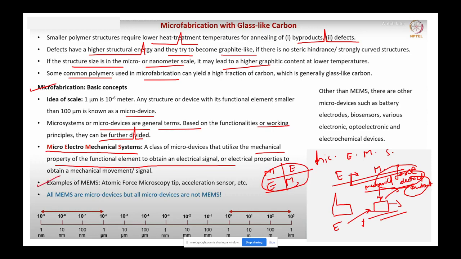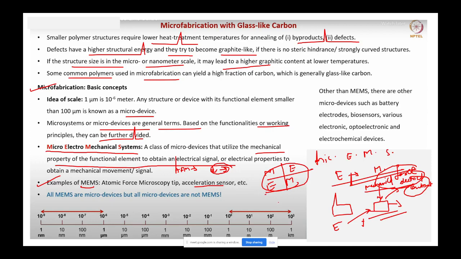The examples of MEMS are like AFM. In AFM, you apply some mechanical forces and you get the electrical signal in order to see your piezoelectric material. So AFM, microscopic tips, acceleration sensors. In acceleration sensors also you can have this kind of phenomenon.